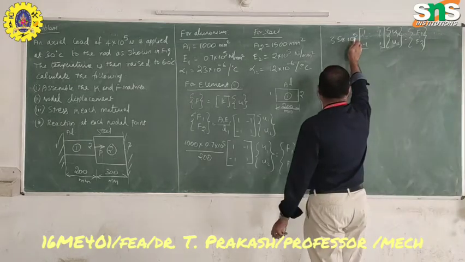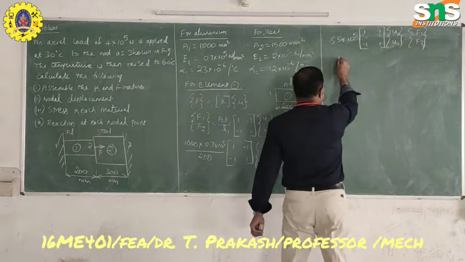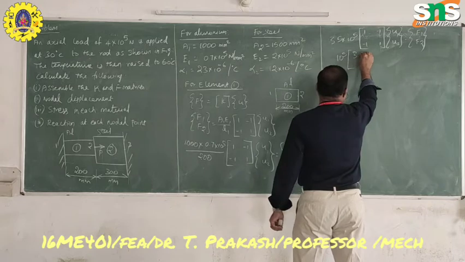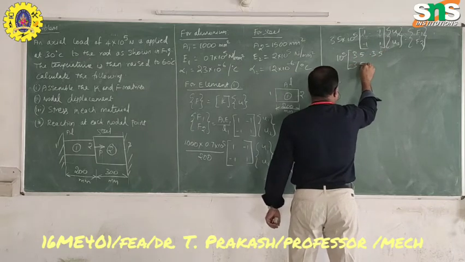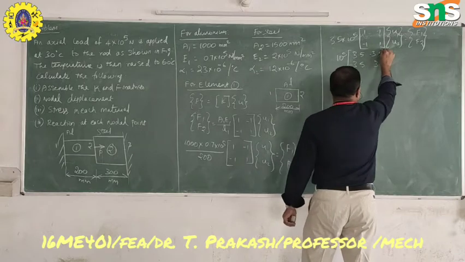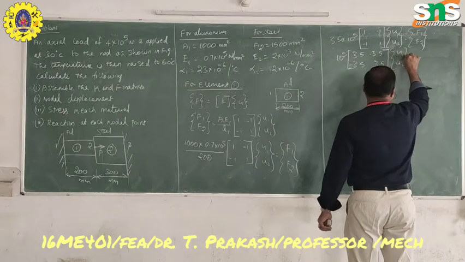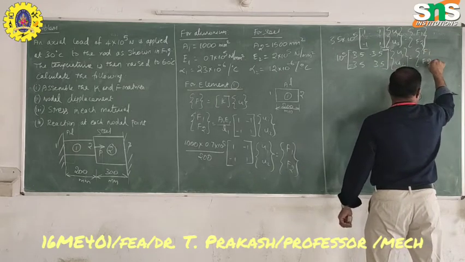Take the common term, keep 10 power 5 outside, and multiply 3.5 inside. Therefore, 10 power 5 into the matrix 3.5 minus 3.5, minus 3.5 3.5, times U1, U2, equal to F1, F2.